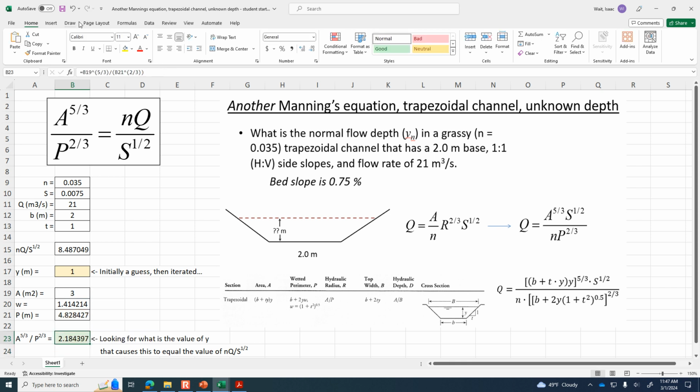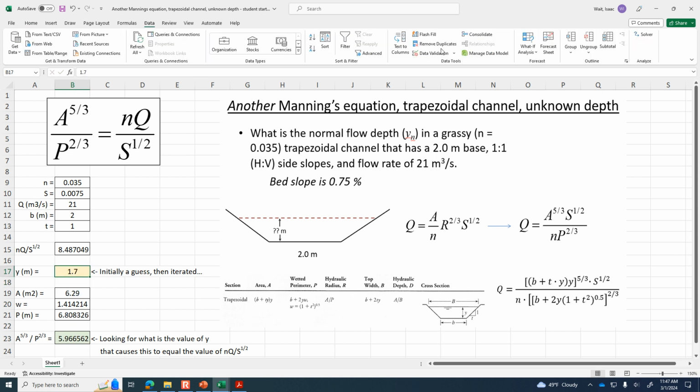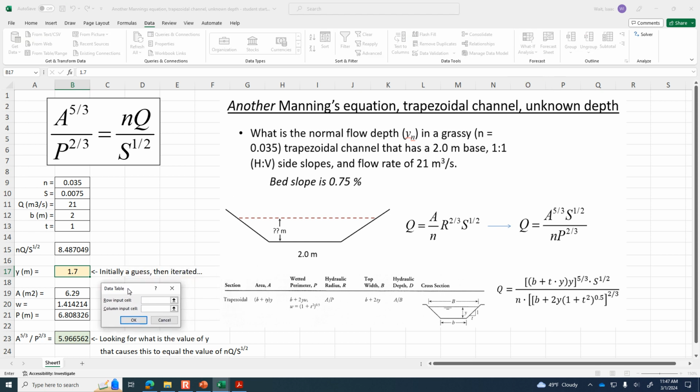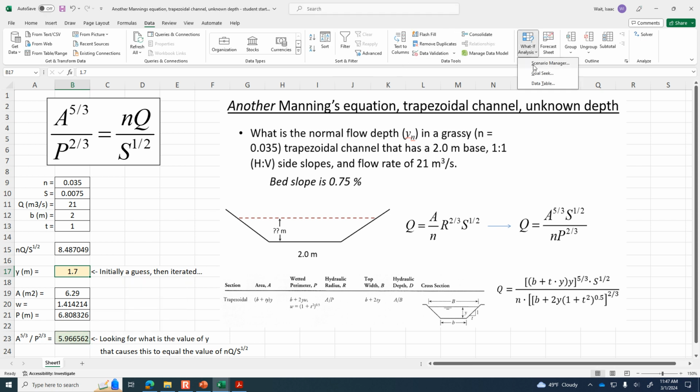All right. So this depth isn't right because the two aren't equal. So I know my goal is for the area to the 5/3 divided by wetted perimeter to the 2/3 to be equal to this. So I can do manual goal seek by just gradually increasing the depth until I reach that target, or I can do it in the automated way through the Data tab, What-If Analysis, Goal Seek.